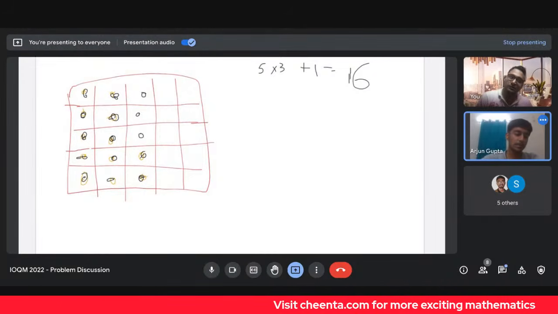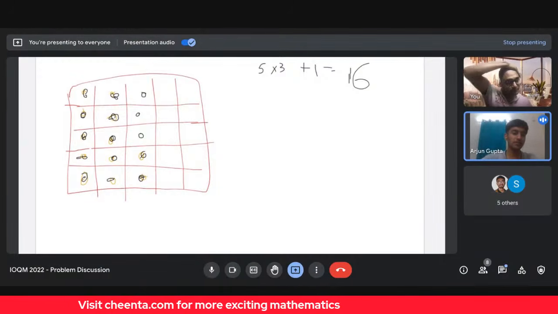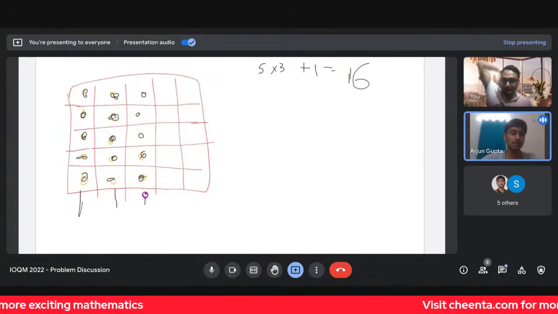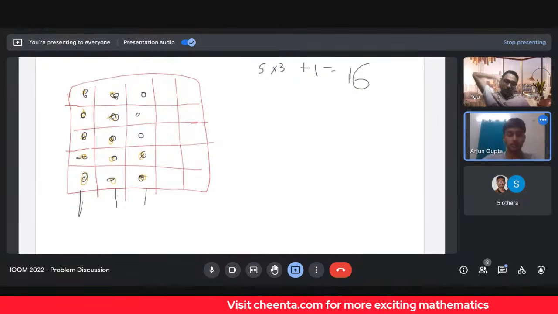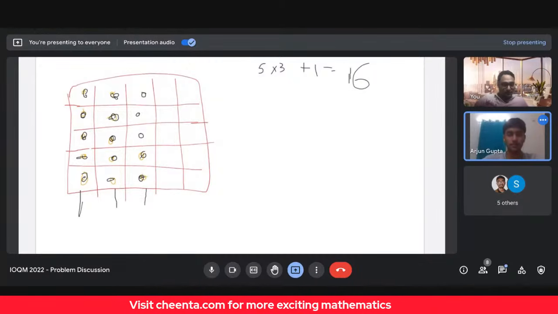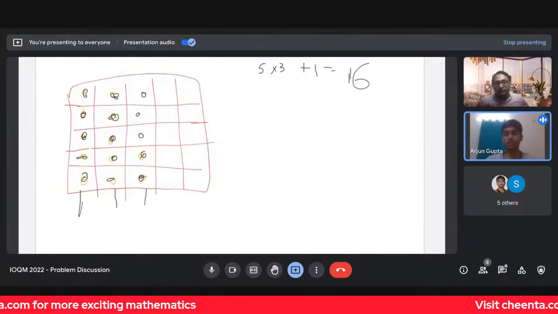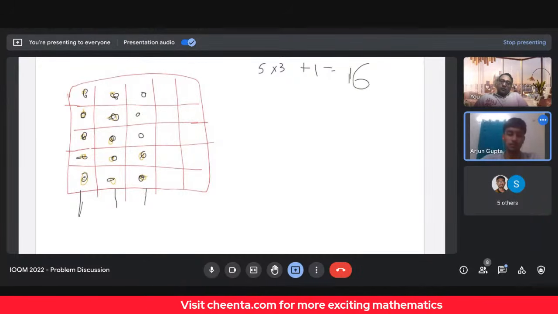In that case, if we pick any 4 rooks, then some 2 of them will be in the same column by the pigeonhole principle. So some 2 of them will attack each other, which shows our construction part, that there is no argument for 15 rooks.